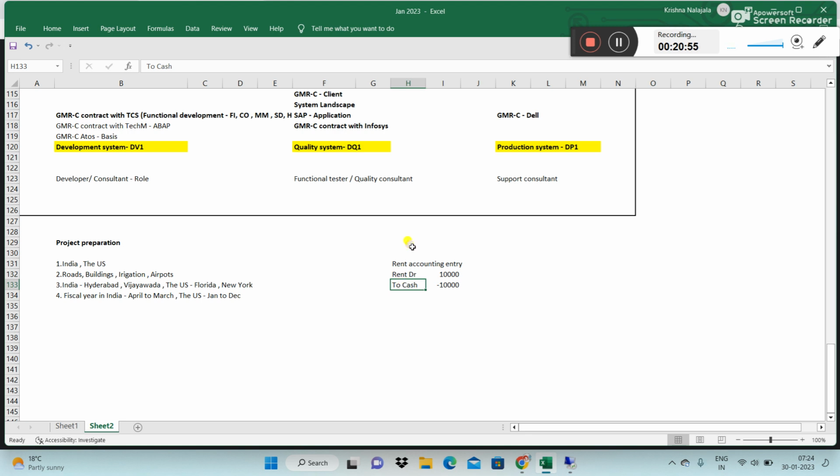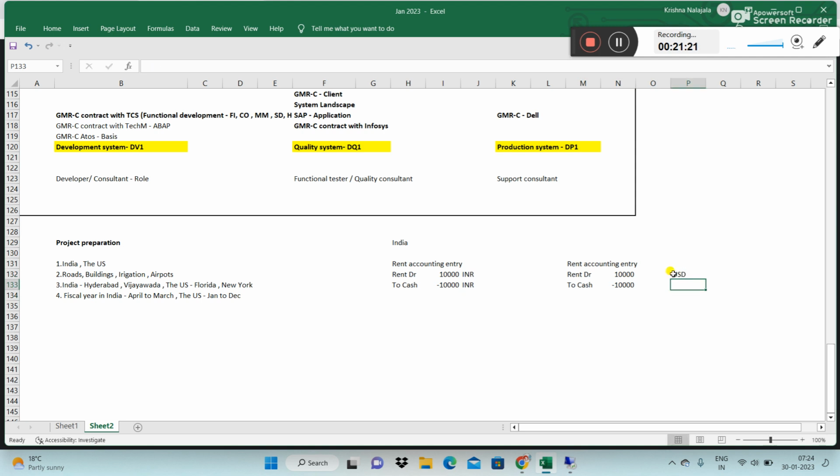Let's say you post the same entry in India. If you post in the US, do you post anything differently? No, sir. What will be the difference in the US? Currency will be different. Here it is INR, here it will be USD, right?